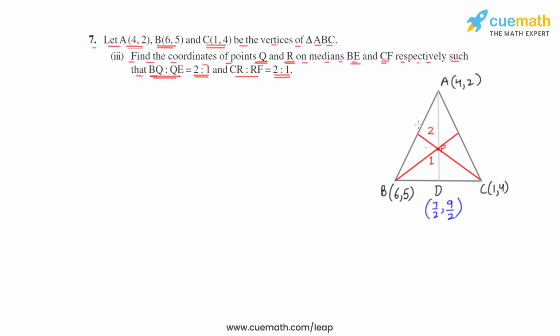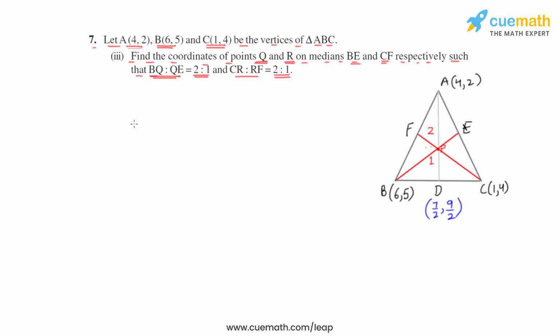So let's say this point is E and this point is F. The medians are BE and CF. Sorry, E and F are the midpoints, and there are points. Let's say I'll make the lines BE and CF here.